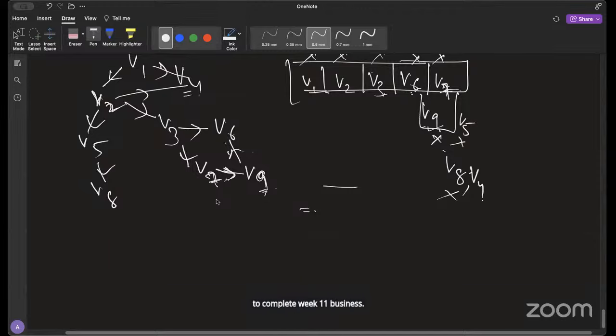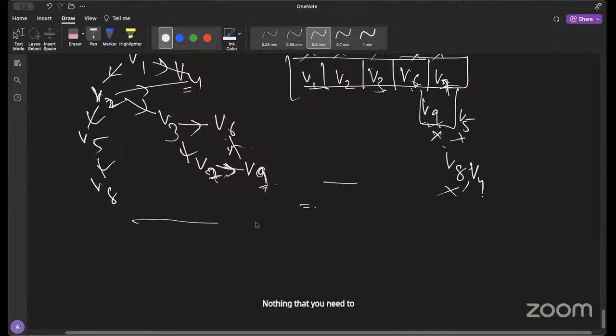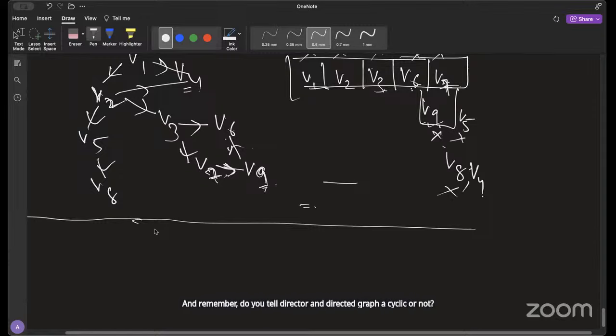These are just definitions, nothing that you need to struggle to understand. Directed and undirected graphs can both be cyclic or acyclic. There is no particular rule for it. That's why I was suggesting you go through the definitions first.